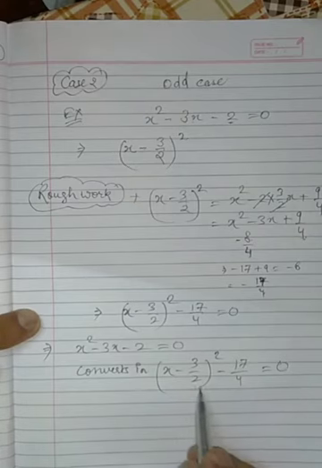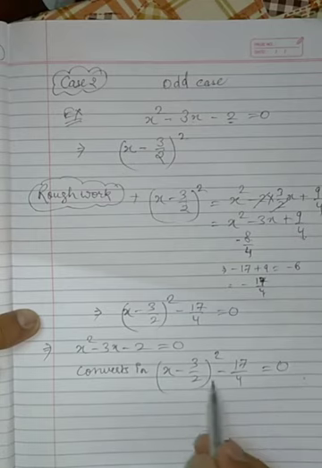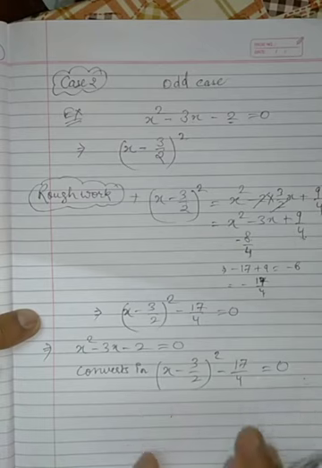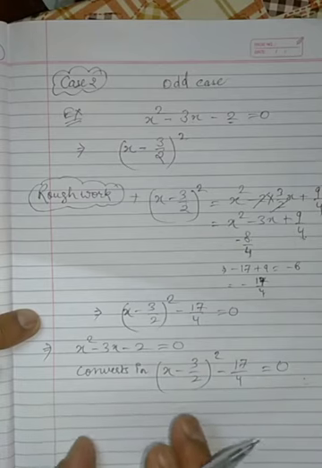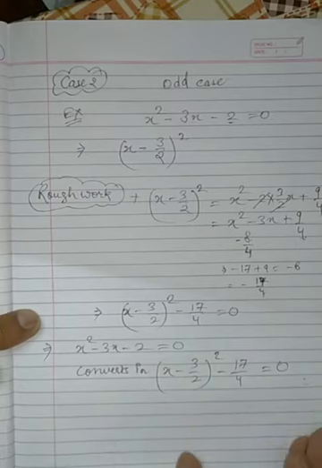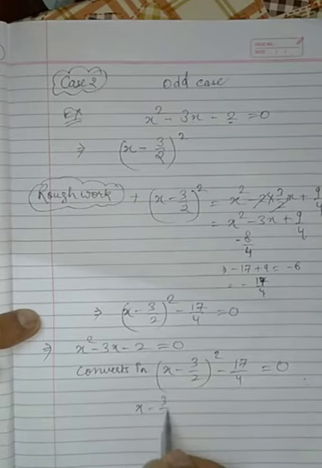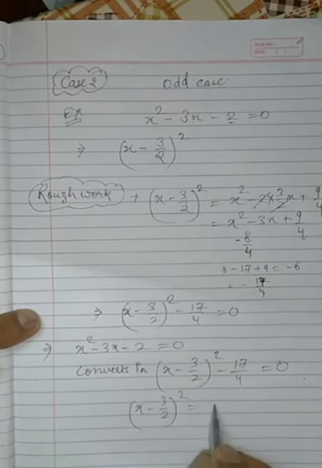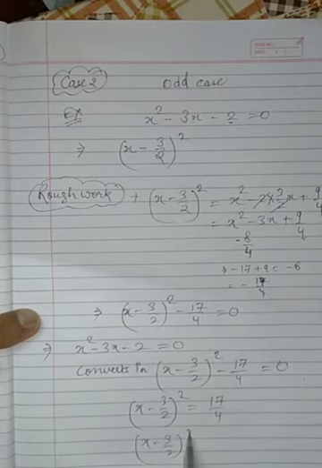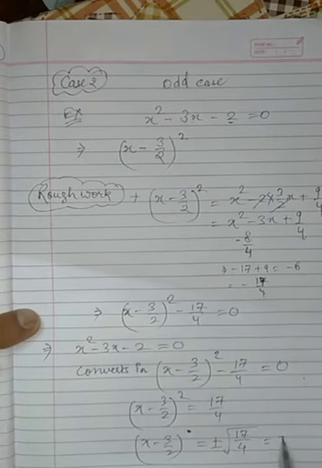And then you can transpose this number, and by removing the square you will get root with plus minus sign. Two cases of plus and minus sign you will get, and by taking them one by one you will get your 2 roots. Okay, so x minus 3 by 2 the whole square is equal to 17 by 4. So x minus 3 by 2, on removing the square, will be equal to plus minus under root 17 by 4, which is plus minus under root 17 upon 2.